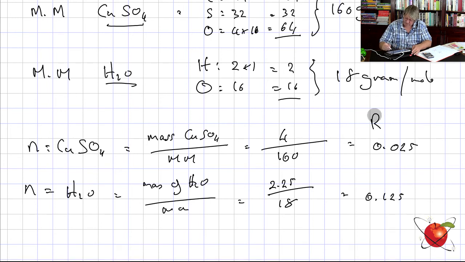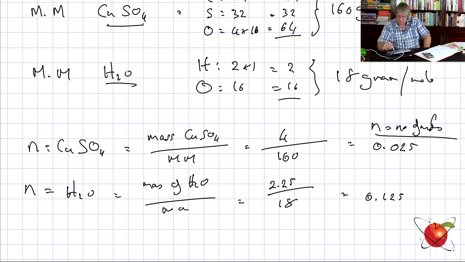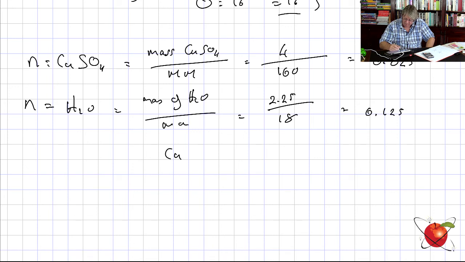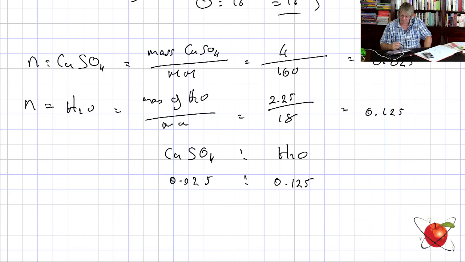Rather, number of moles, right? This is n. Number of moles, right? But the ratio is 0.025 to 0.125. Therefore, we've got copper sulfate, which was 0.025. Ratio of water is 0.125. 0.025. Sorry, let me just do that. So let's have a look.